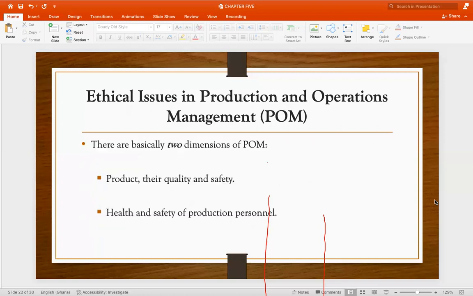All these come under production and operations management. There are basically two dimensions of production and operations management. The first one is the products, their quality and safety. And the second one is what? The health and safety of production personnel. So the product itself and then the personnel.